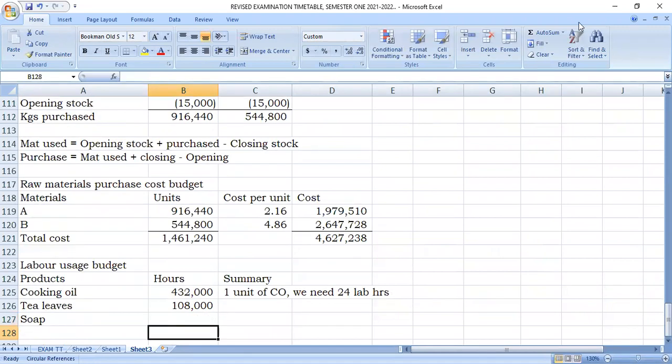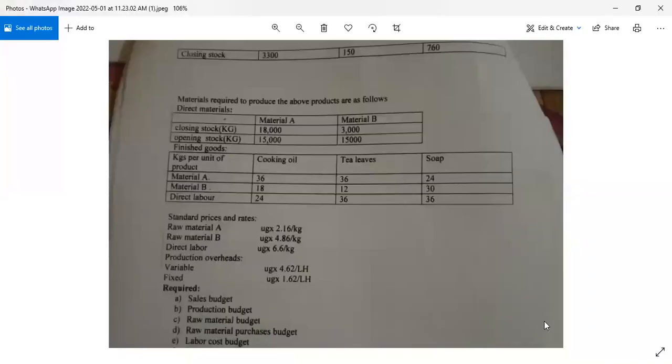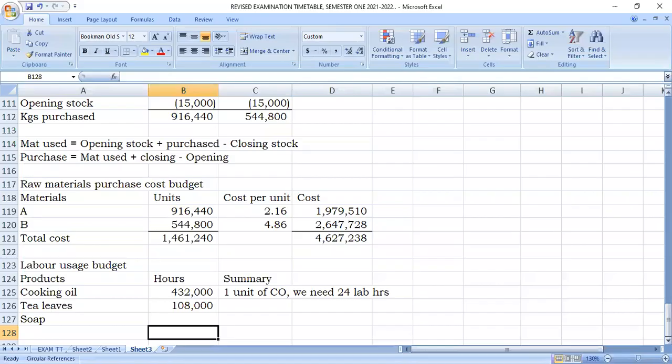Okay. Then you do the soap still. Soap, you also need 36 hours for a single unit. So how many do you produce for soap? Still ask yourself that. I think it was 5-something.